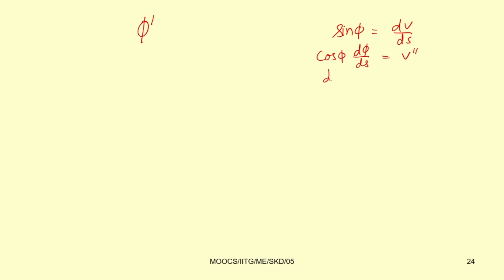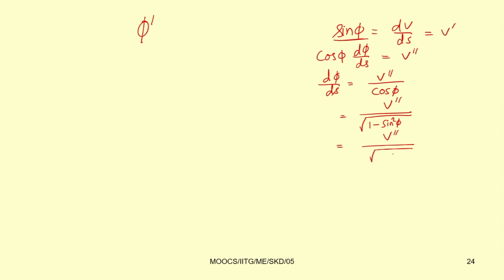So now d phi by ds equals v double dash by cos phi, and this cos phi can be written as root over 1 minus sin square phi. Already we have taken sin phi equal to v dash, so it is root over 1 minus v dash square.